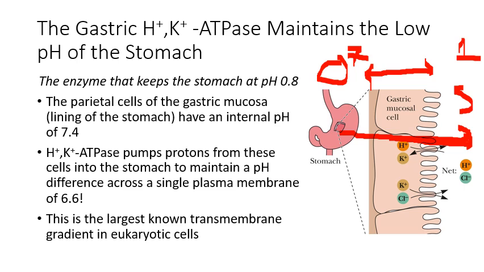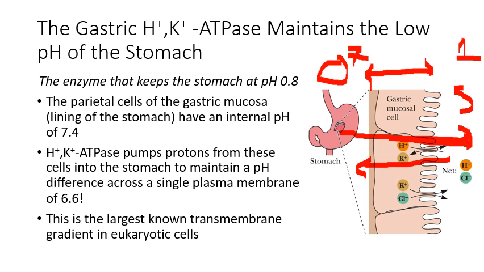But when it does that, that puts too many positive things inside the stomach, so the stomach has too much positive charge, and it doesn't like that. So these cells also take K pluses, which are also positive 1, and kick those out. As the Ks get kicked out of the stomach, the H's go in, and you have a net 0 change in charge. Even though you're pulling H's in, you're pulling a K out, so the overall level of positiveness doesn't change.